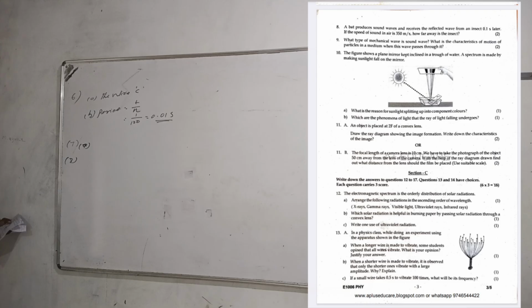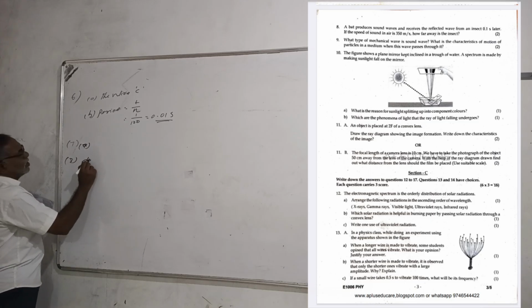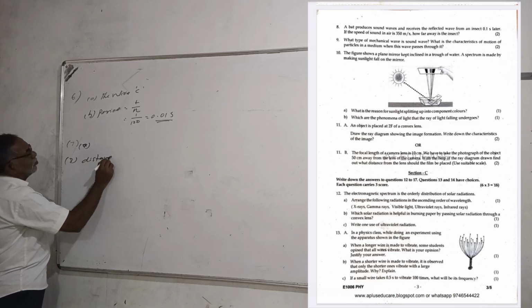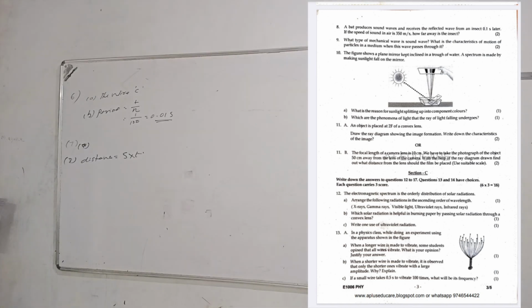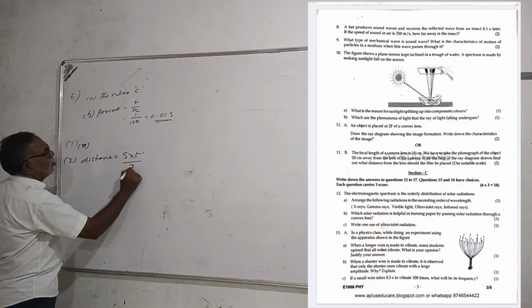So what is the distance? Distance is equal to speed into time. In this case, you have to make the distance you got half, so divided by 2.